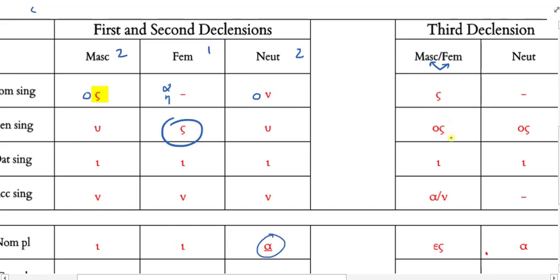Okay, and so what I'm just trying to point out is that when we're dealing with third declension, masculine and feminines are always the same in terms of the case endings they use. But when we get to the participle, you might be thinking, okay, participle, nu tau, third declension, the feminine's going to have the same case endings. No, they're going to go over and take these because we're using usa plus nothing, sigma iota, nu. Okay. All right.